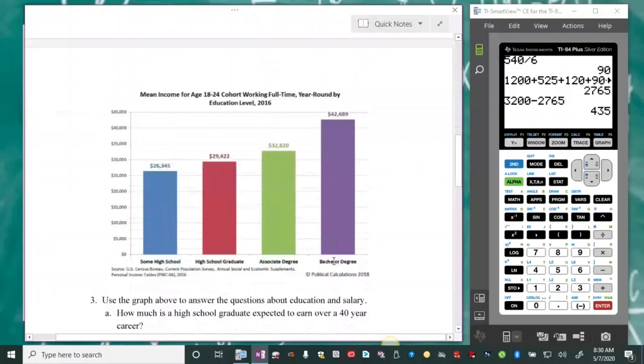Okay, so the next couple of questions deal with the value of a college education. So this particular graphic, and you'll find lots of different statistics in terms of earnings for your salary based on education. You'll see lots of slightly different numbers, but we're going to work with this particular graphic for this problem only.